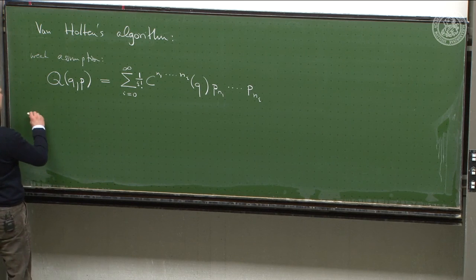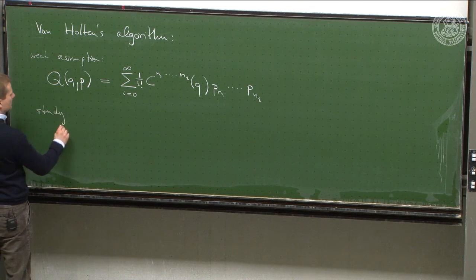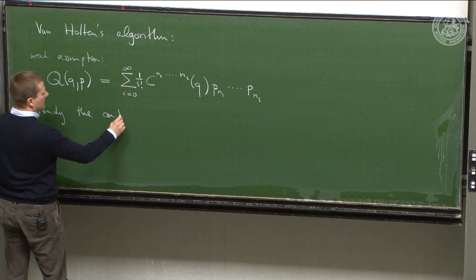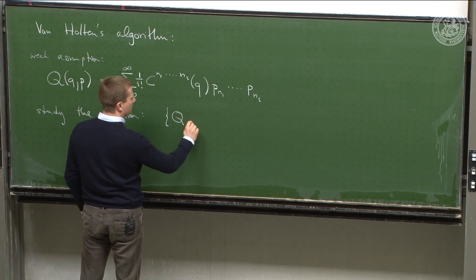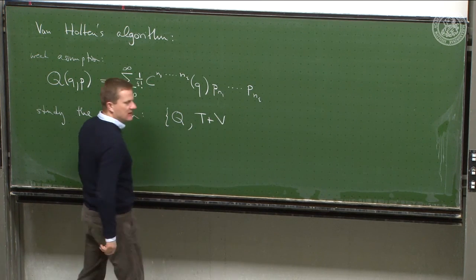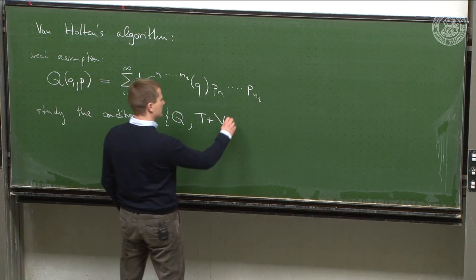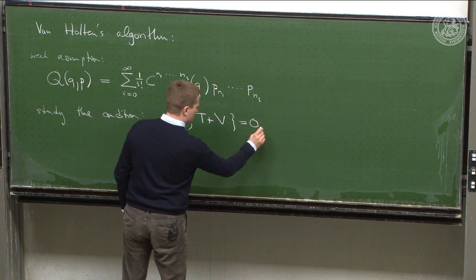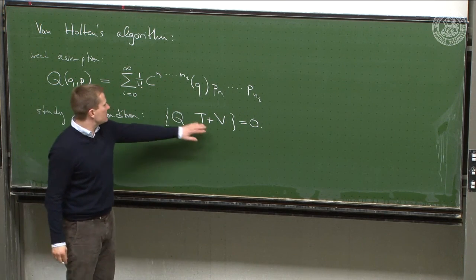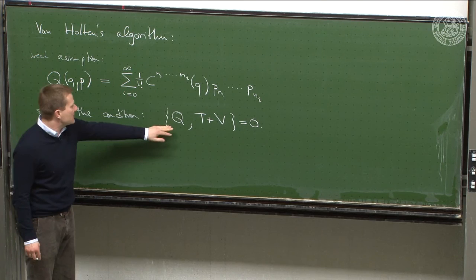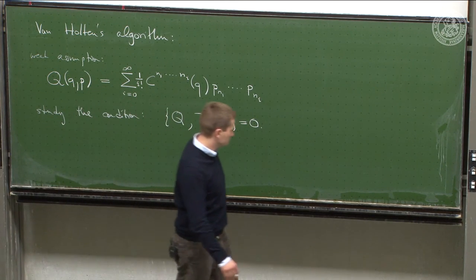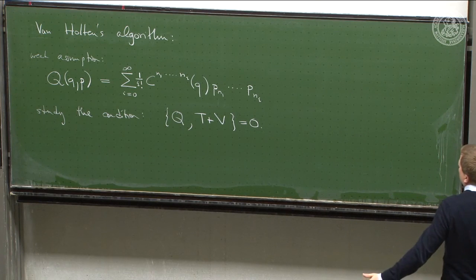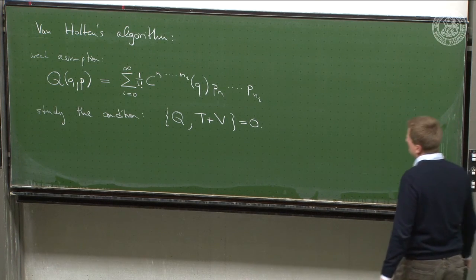Now we study the condition that Q is a symmetry. That means studying the condition that the Poisson bracket of Q with the Hamiltonian T plus V vanishes. I write the Hamiltonian explicitly like this because that's still the assumption. We're not distinguishing yet between kinematical and dynamical symmetries. Now we have to calculate this.